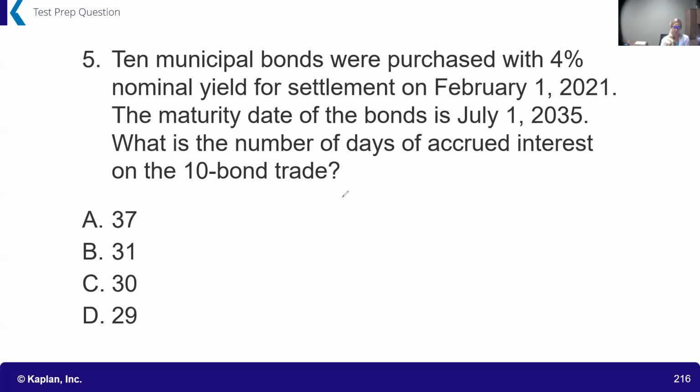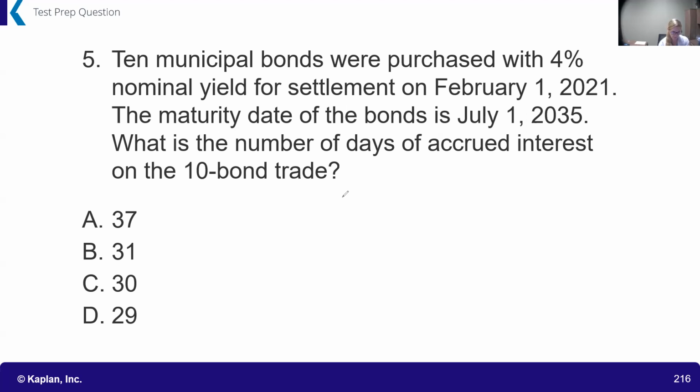Okay, so the maturity date of the bonds is July 1st, 2035. We need that as a hint, because when this bond matures, separate test issue, you're going to get your principal back, assuming they don't default, and your last interest check. Here our interest is 4%. That's based on par, so 1,000 times 4% is $40.